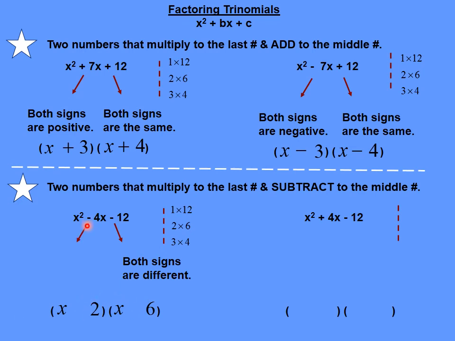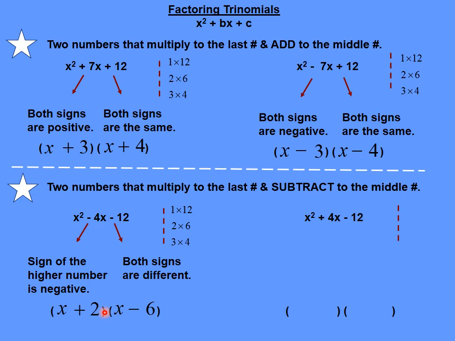We're going to make use of this sign, gives us another clue. This tells us that the sign of the higher number has to match this. So the sign of the higher number has to be negative. So 6 is a higher number than 2, so that means the 6 has to be negative. So we'll put the negative here, and we'll put the positive here.